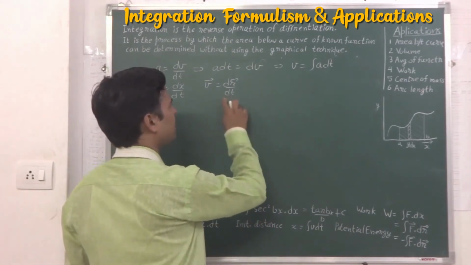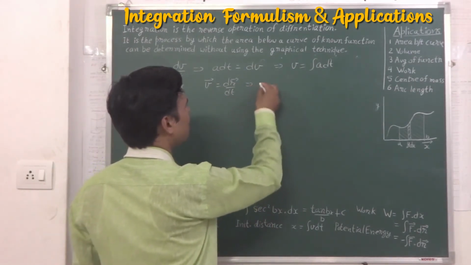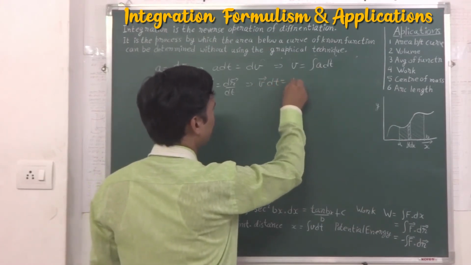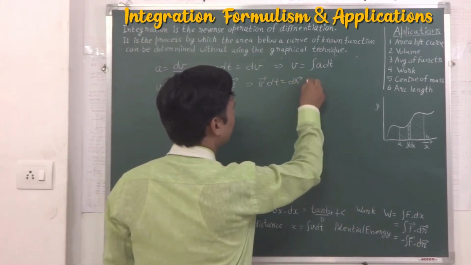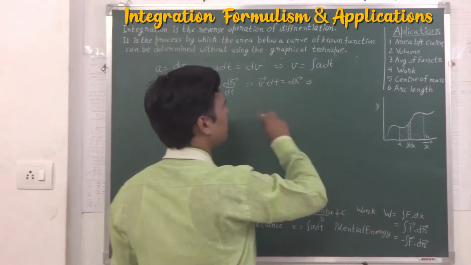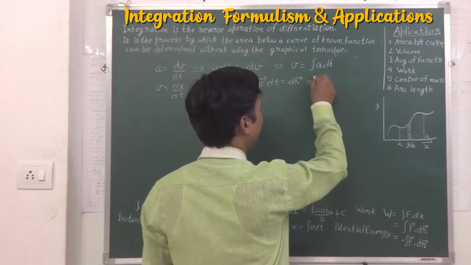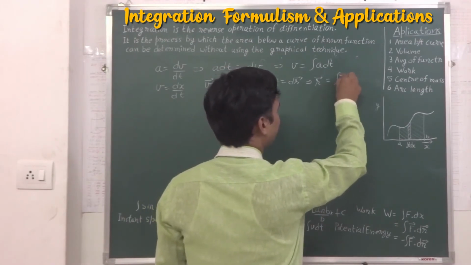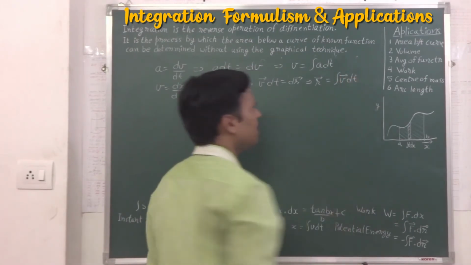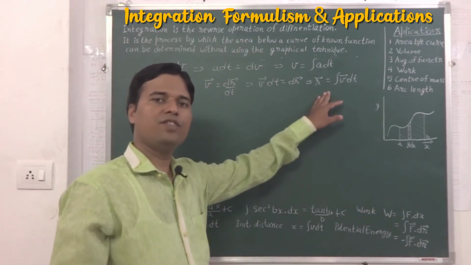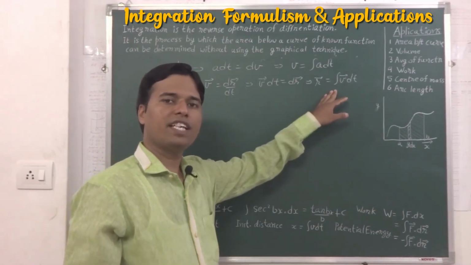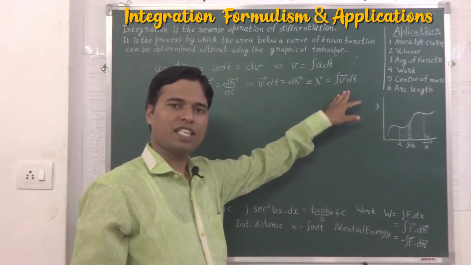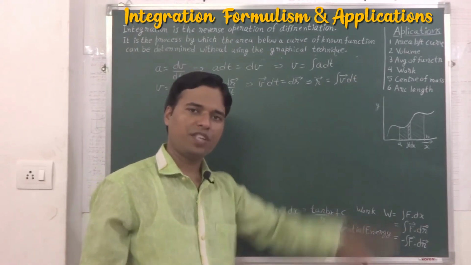In that condition you have the formula v vector dt equal to dr vector. Now integrate both sides and you will get r vector equal to the integration of v vector dt. This is the instantaneous displacement of a given object for a given velocity function with respect to time.